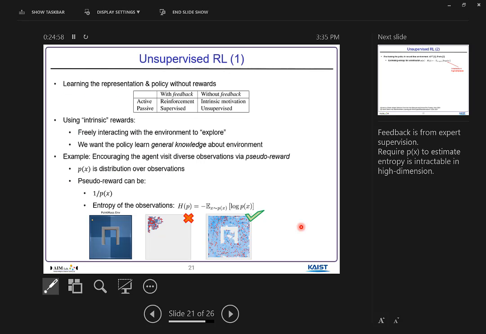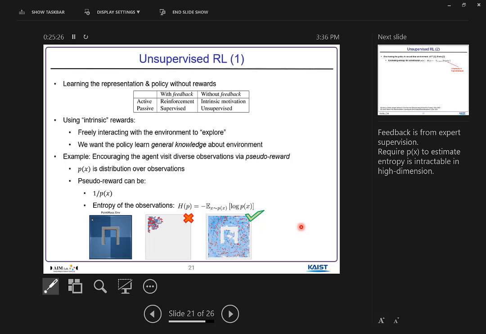Okay, so the final approach is unsupervised IL. You usually hear about unsupervised learning, right? Self-supervised, unsupervised learning and supervised learning. So what is unsupervised IL? Actually, you can think of reinforcement learning like supervised learning where the supervision signal is the reward.